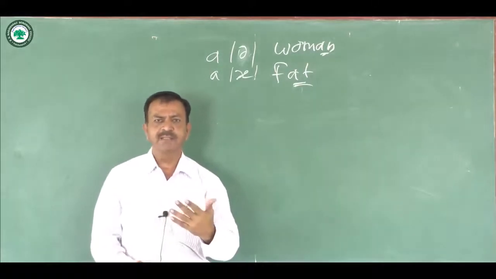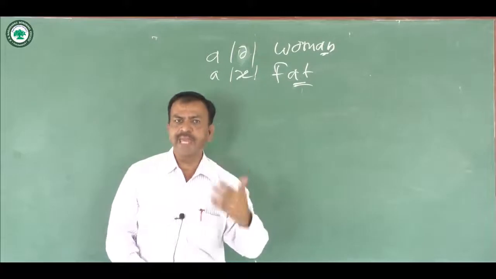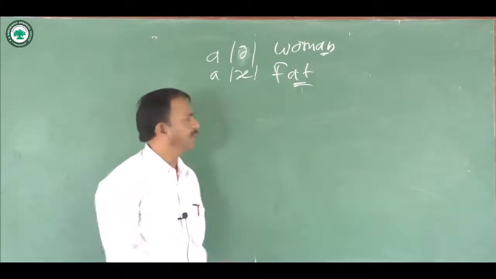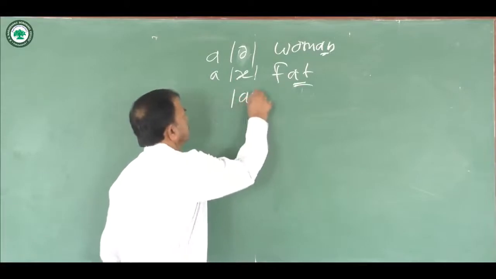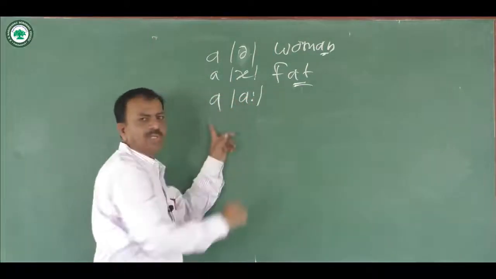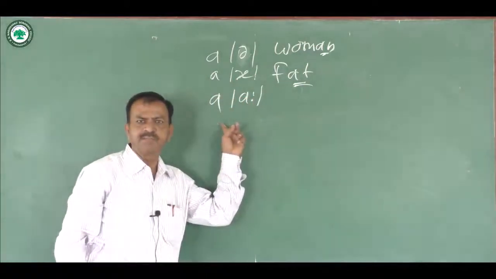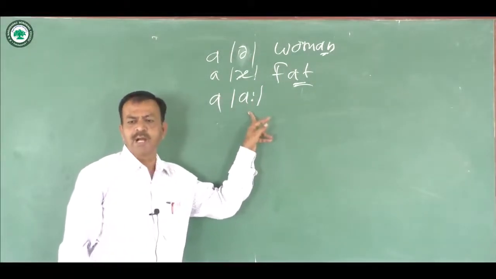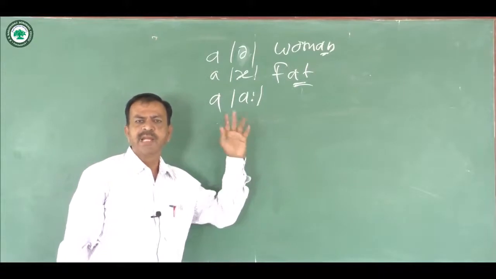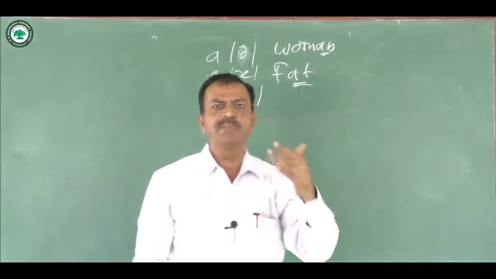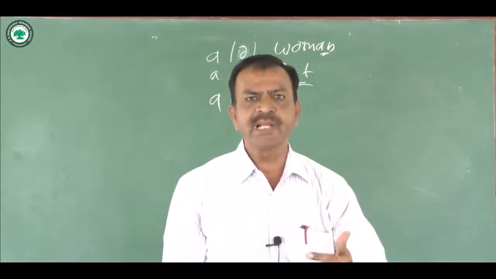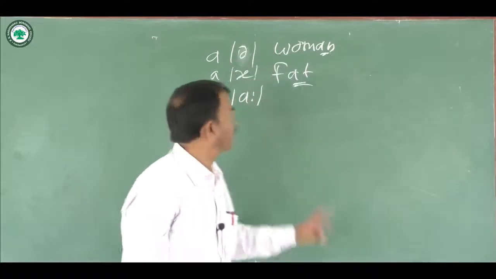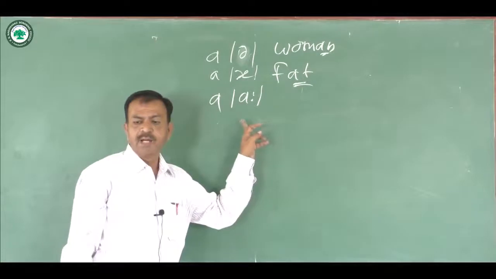Now the next is, that A is sometimes pronounced as another sound. So the letter remains the same, A, but how it is pronounced, this is the symbol. This is known as IPA symbol, that is International Phonetic Alphabet symbol.